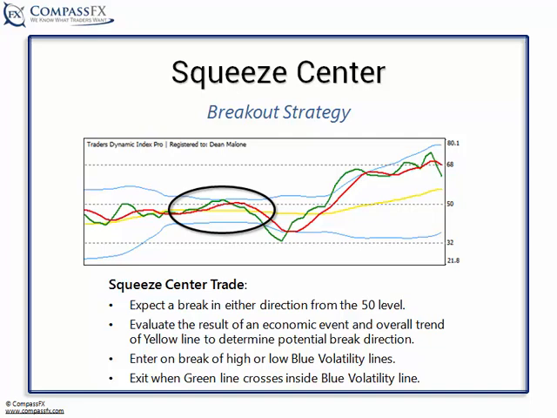In this case, it could be the upper or lower blue volatility line depending upon the direction of the market. And you're going to exit when the green line crosses inside that blue volatility line. So in this case, we can see that the market broke down, an entry point in this area, and then we get this move down, and then we can get a potential exit right there, coming back in.